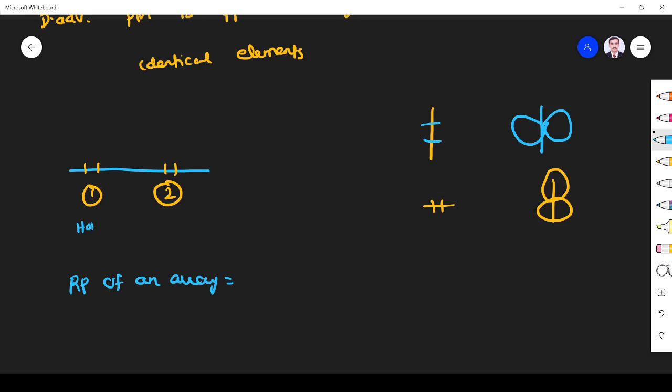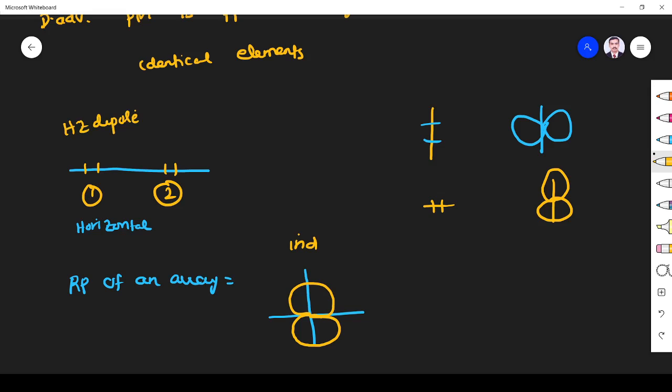For a horizontally located HCN dipole, the radiation pattern is like this, because the individual antenna element is an H dipole. This is 1, a normalized value.